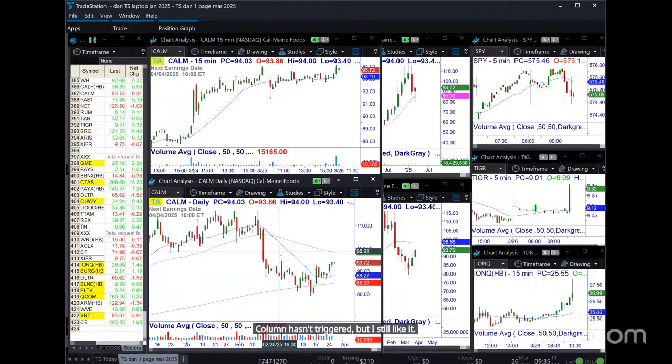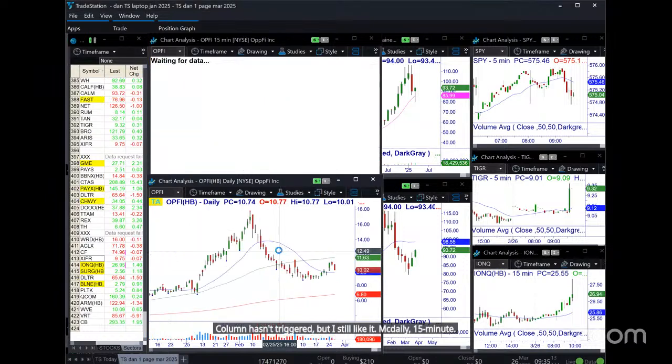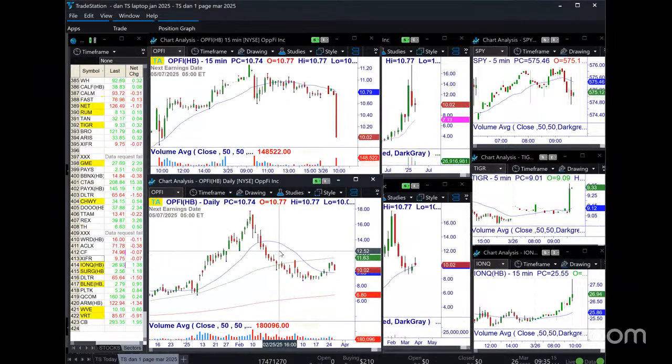Daily 15 minute. OPFI looks like it's stopping, yeah, stopping at a profit. Something's up with that today. That's one nasty bar.